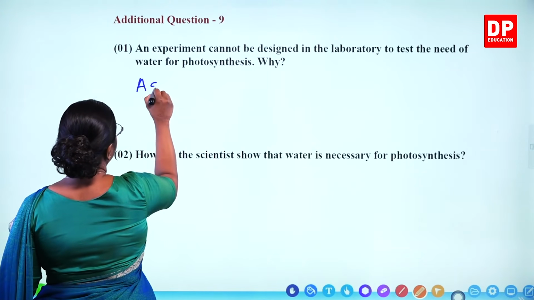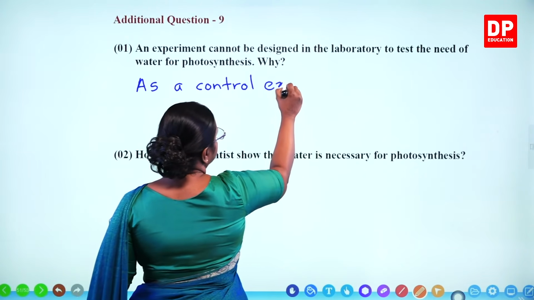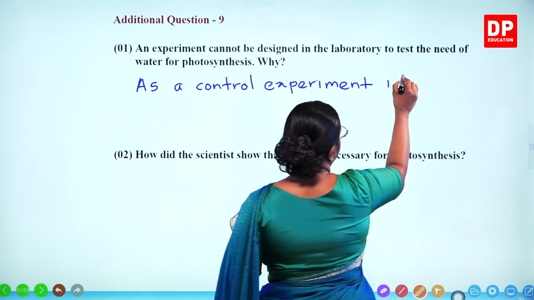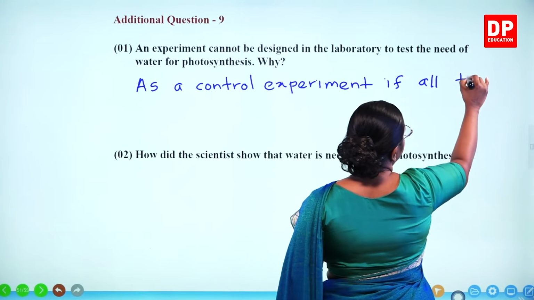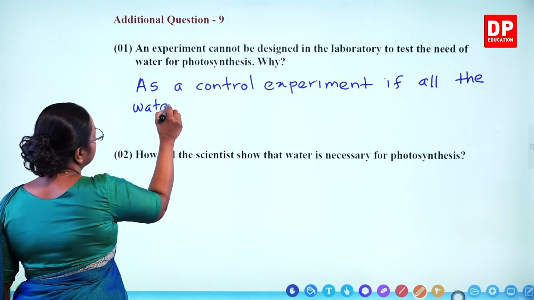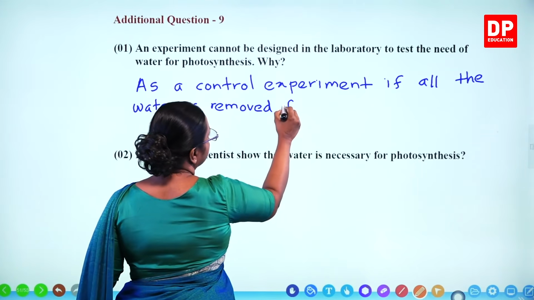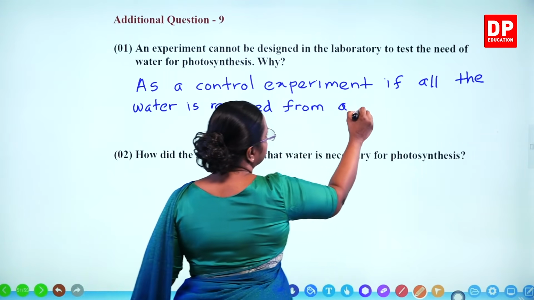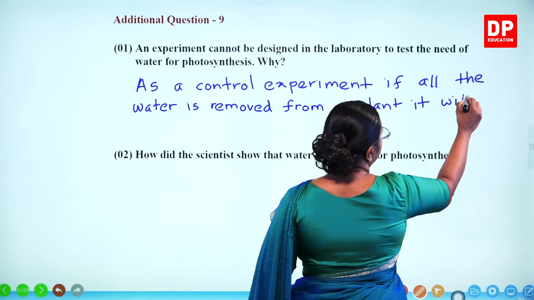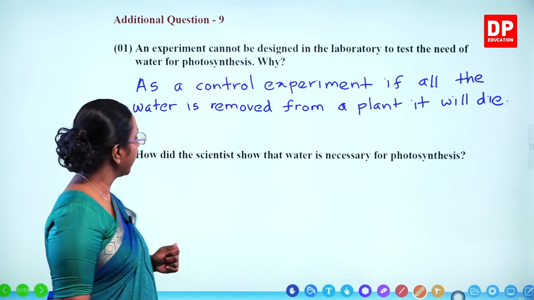So we have to write the answer as: as a control experiment, if all the water is removed from a plant, it will die. So therefore, we can't do this activity.